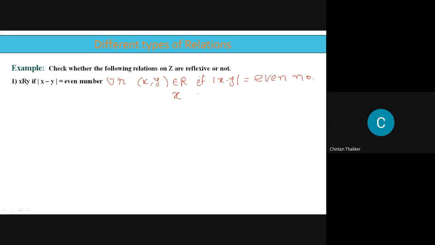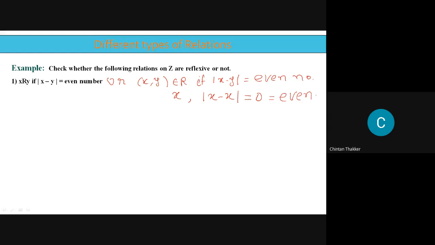So here, for any integer x, what is the value of |x − x|? For any integer x, |x − x| is 0. And 0 we take as an even number.